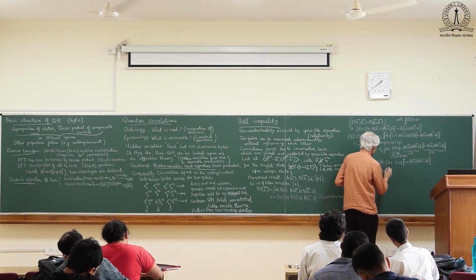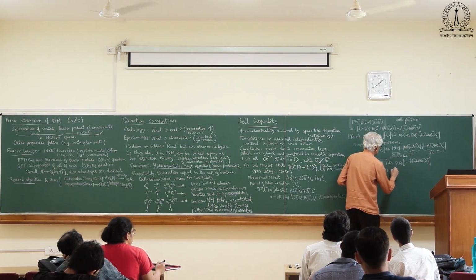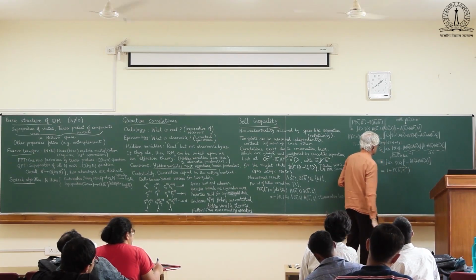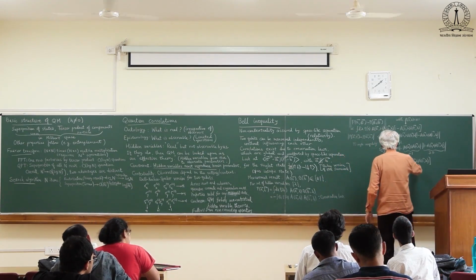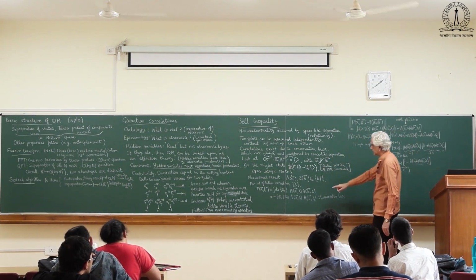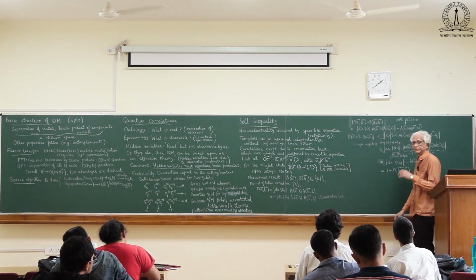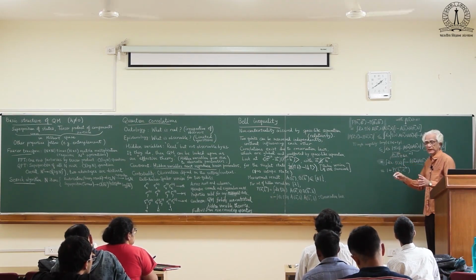And this is also equal to 1 plus the correlation between B and C as defined by this rule. And I'm assuming that whatever this weight is, it's normalized.